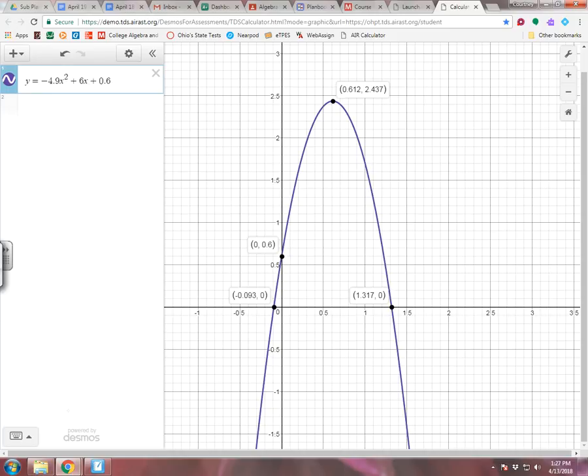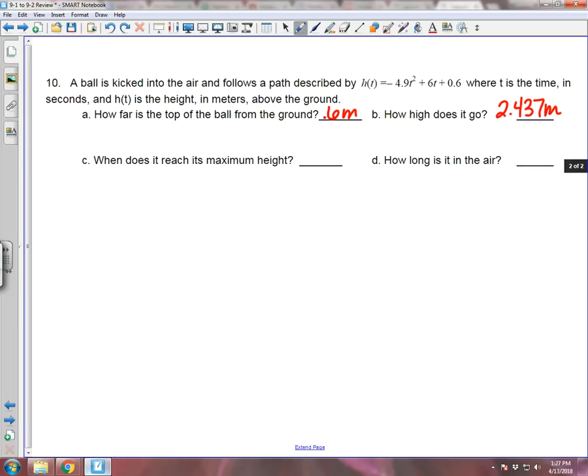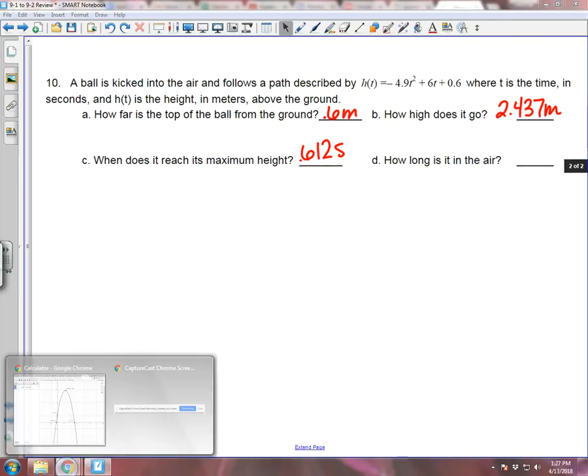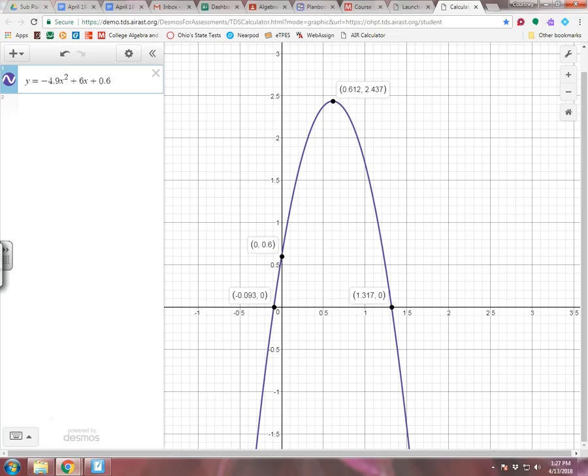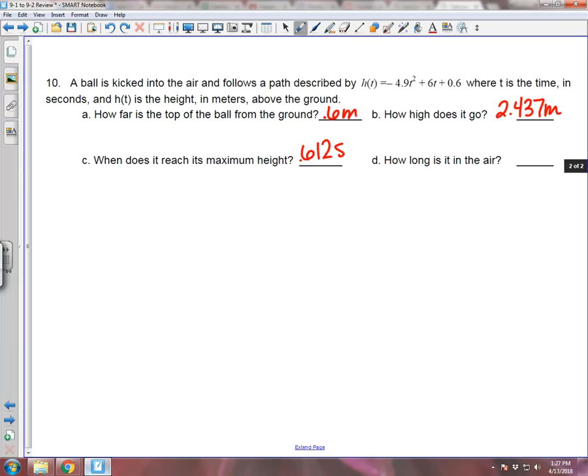When does it reach the max height? 0.612 seconds. How long is it in the air? Perfect. 1.317 seconds. Does anybody have any questions about this review? Nobody?